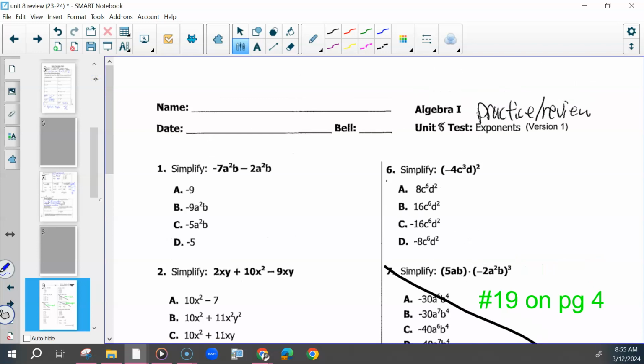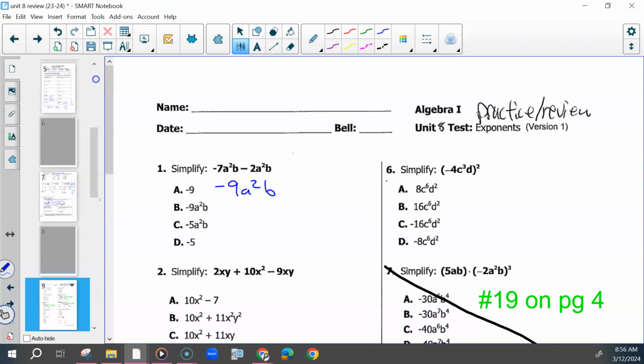Since this isn't multiplying, raising a power to a power, or dividing, this is just subtracting. Negative 7 minus 2, because these have the same exponents, would be negative 9a squared. The exponents don't change when you're combining like this.